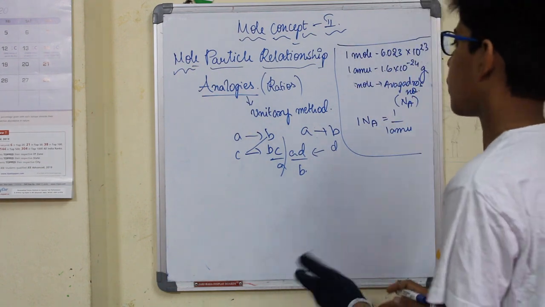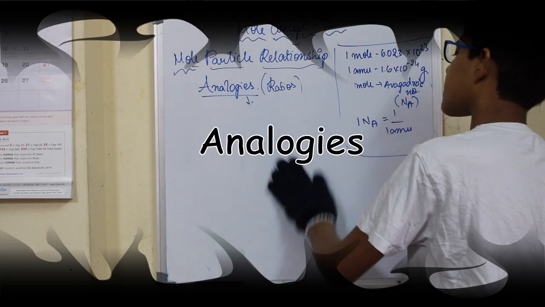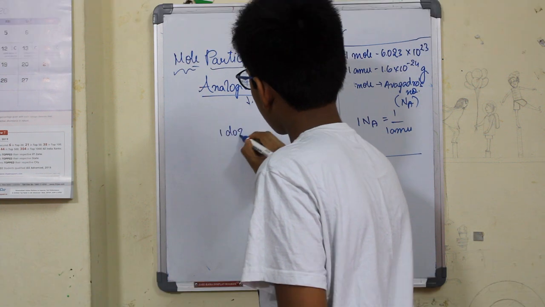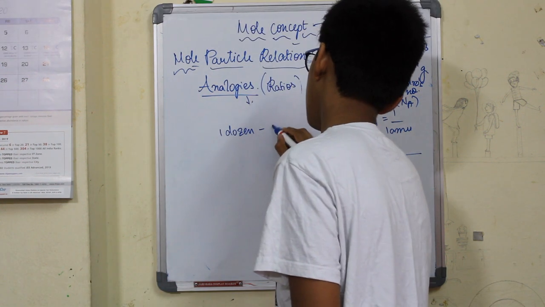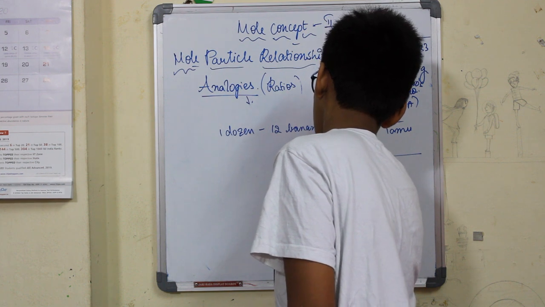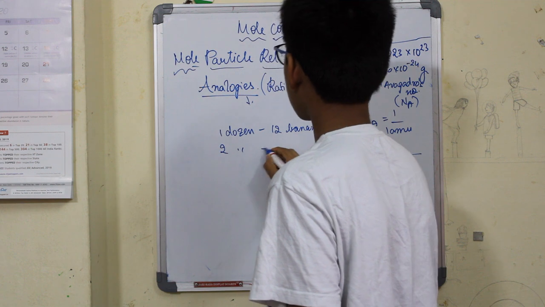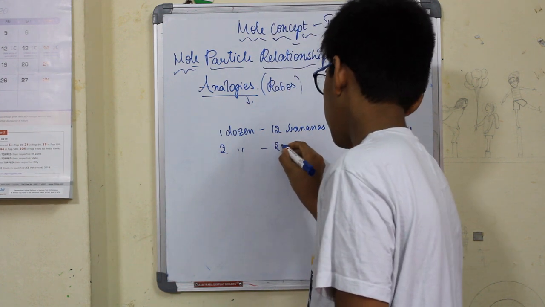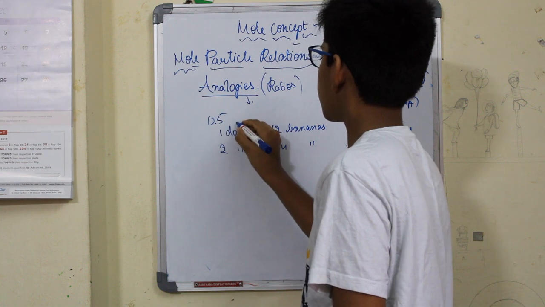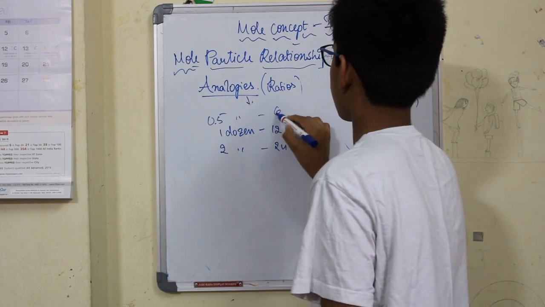Now let's go straight into the topic. Analogies are nothing but ratios. Now if I say 1 dozen is 12 bananas, then 2 dozens are 24 bananas. 0.5 dozens are 6 bananas.